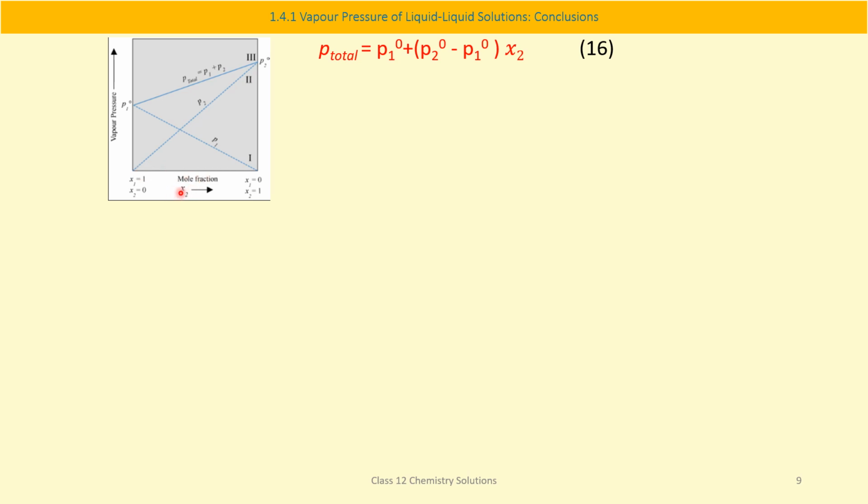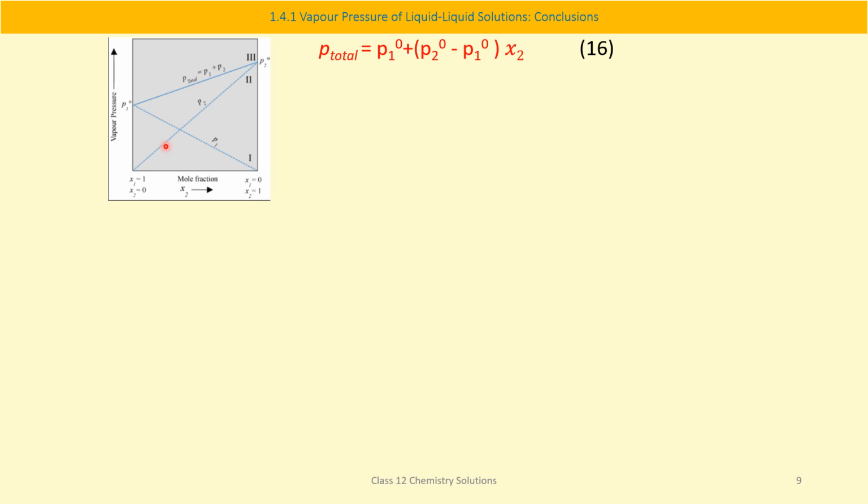Here the x-axis is x2, the mole fraction. The vapor pressures of the two components are shown on the vertical axis. The dashed line is for component 1, and component 2 is also plotted. It represents the partial pressures of the components.